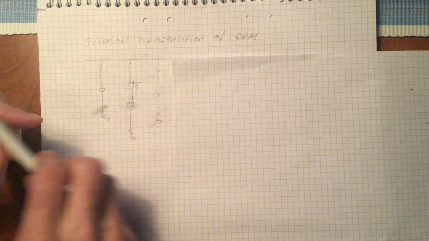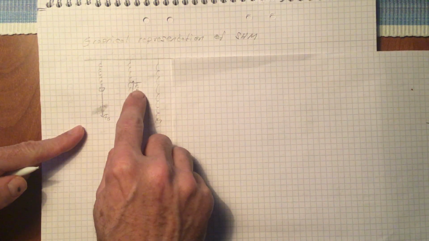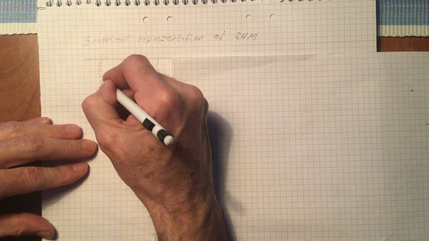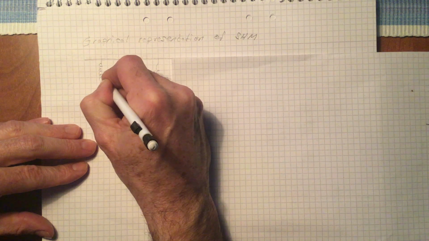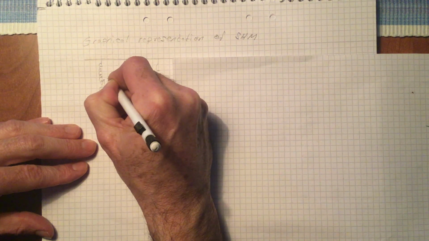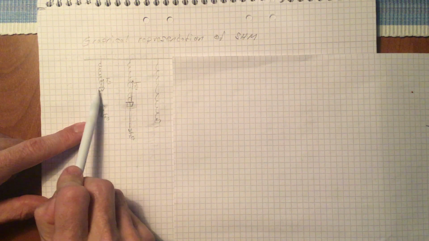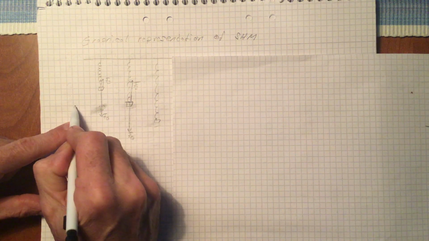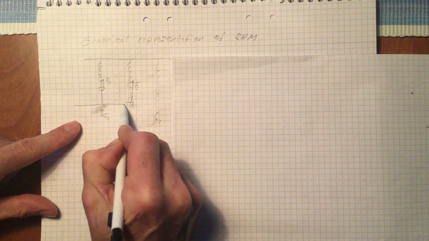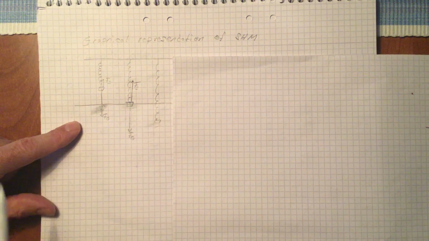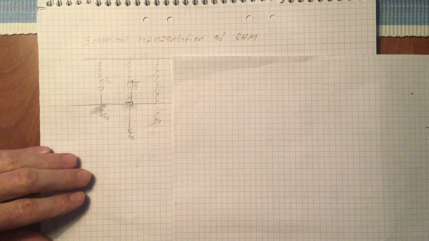You have stretched it a longer distance, therefore this force is greater than this force. So you see the force upwards is a little bit smaller in this case. So we have a resultant force towards this line. That is the equilibrium line, or the mean position for the mass.